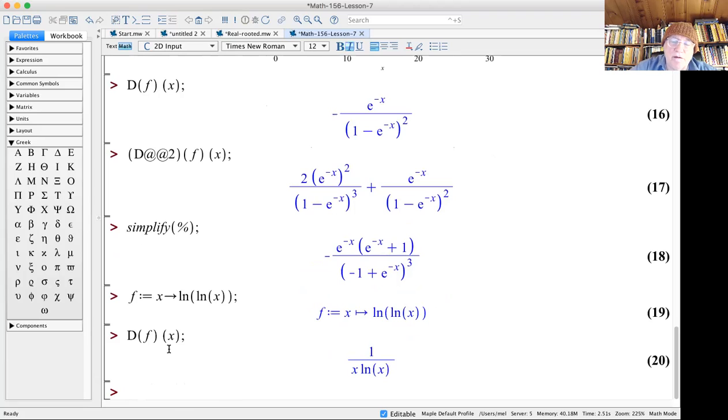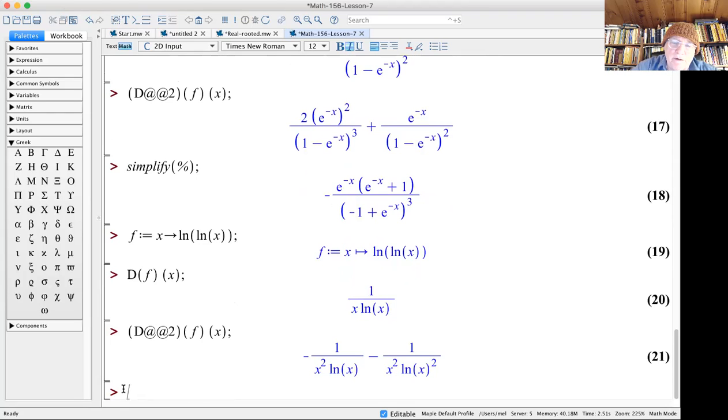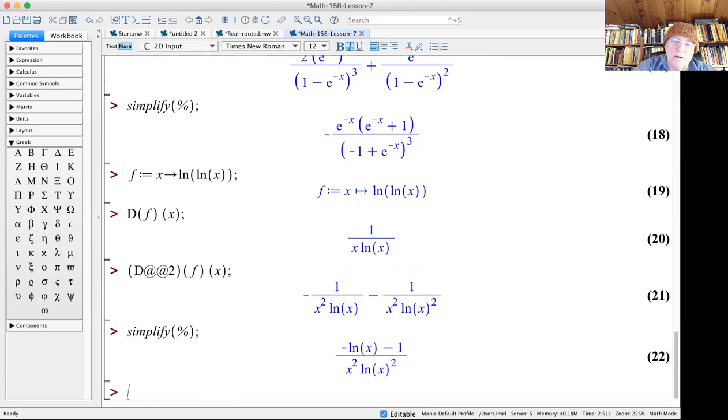And the derivative of f of x is 1 over x log x. And the second derivative is this curiosity. If we try to put it over a common denominator using the simplify command, we get this.